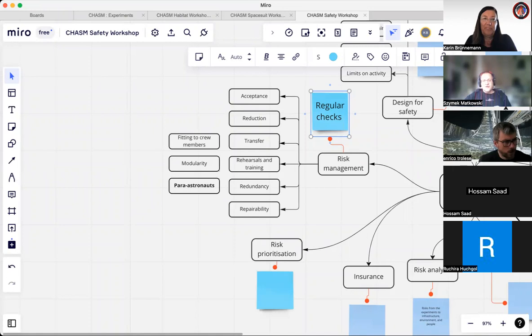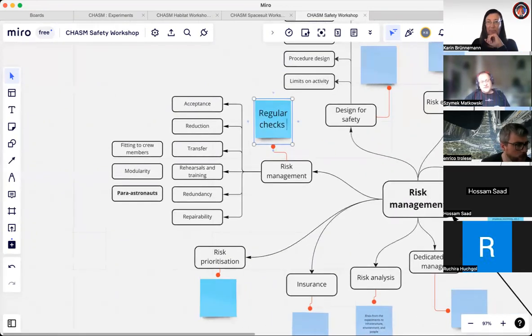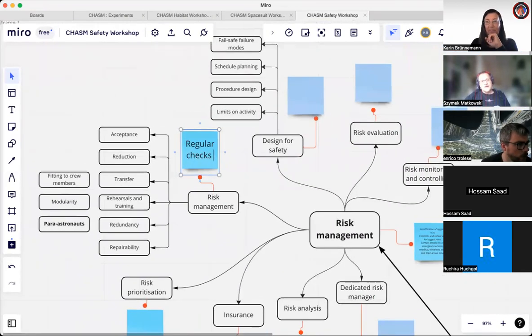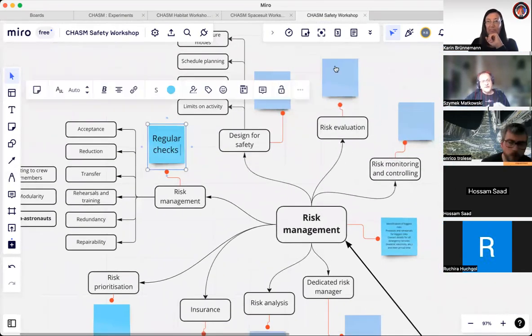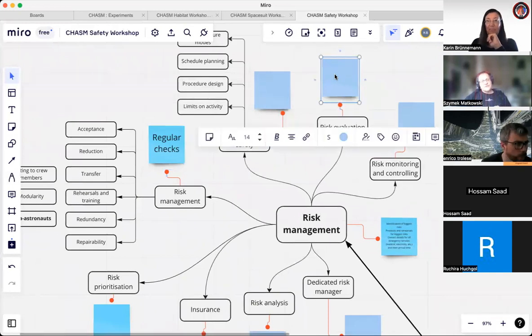In fact, if you have a risk evaluation, I would say that risk evaluation requires a risk standard. For the particular habitat, for all the types of missions, all the types of experiments, there should be one standard to evaluate the risk, and as a result, to-do lists and procedures.